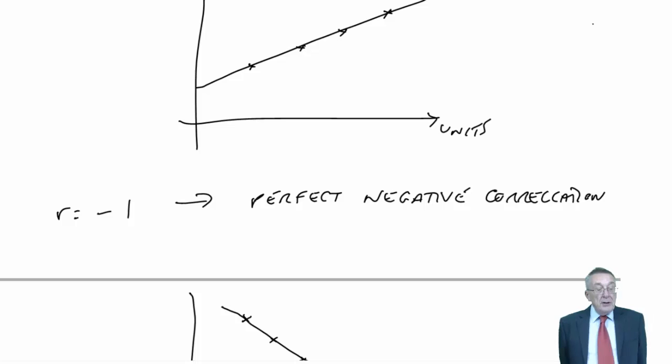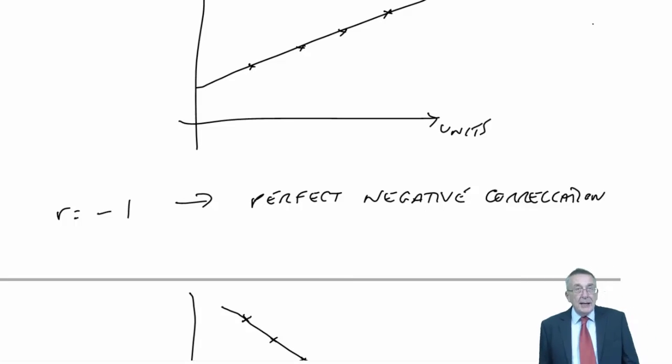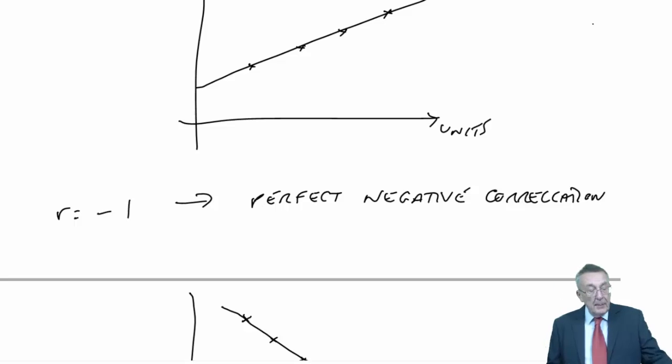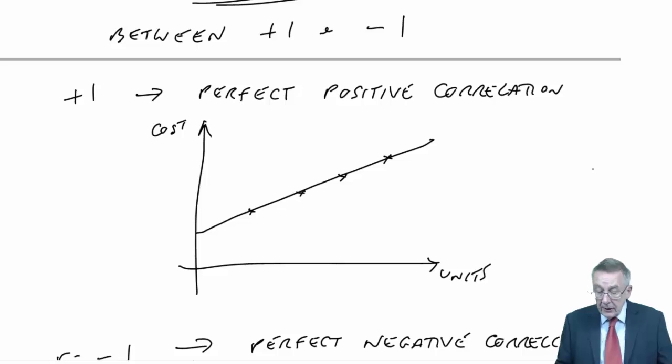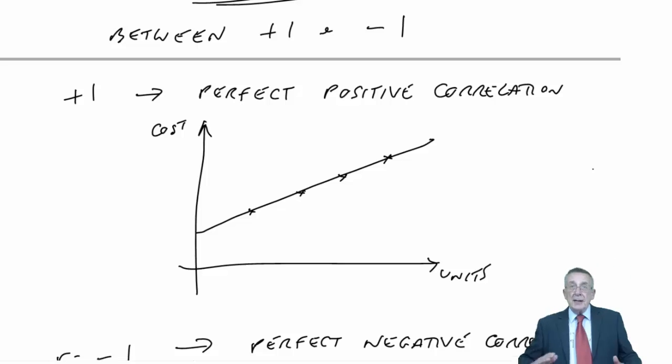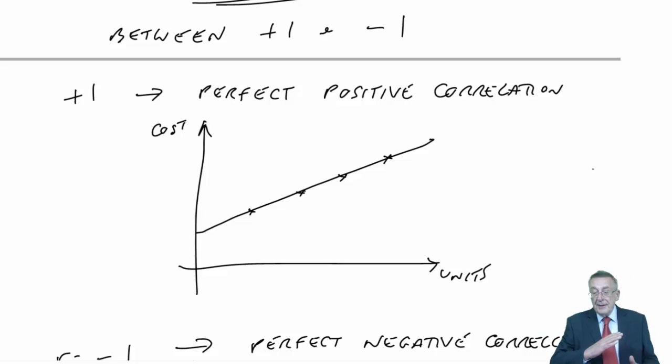A, the number of hours spent studying and the likely exam score. Well, would you not expect that the more you studied, the higher mark you got? And so you'd expect, not necessarily perfect, but you'd expect positive correlation.